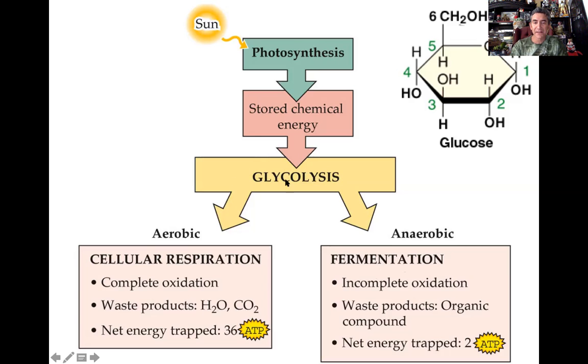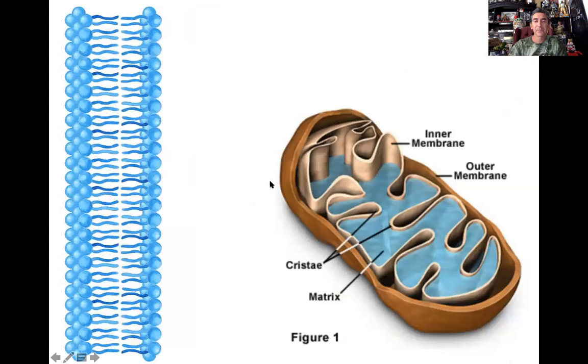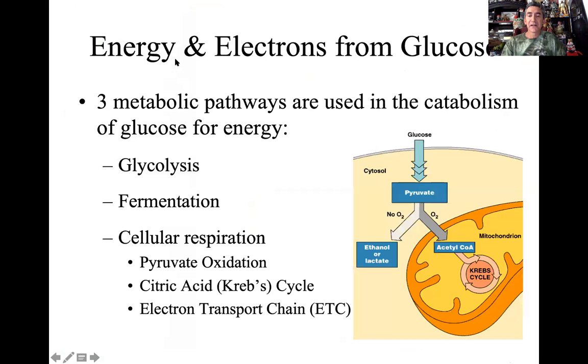So we're going to look at this yellow rectangle here, right? Glycolysis. Glycolysis will take place not in the mitochondria, but outside in the cytoplasm. Glycolysis is the way that prokaryotic cells can generate ATP, and also eukaryotic cells can generate ATP without necessarily going into the mitochondria.